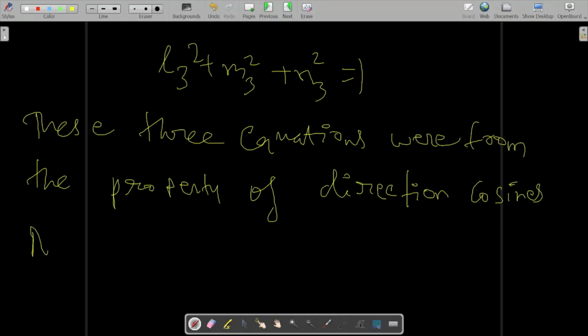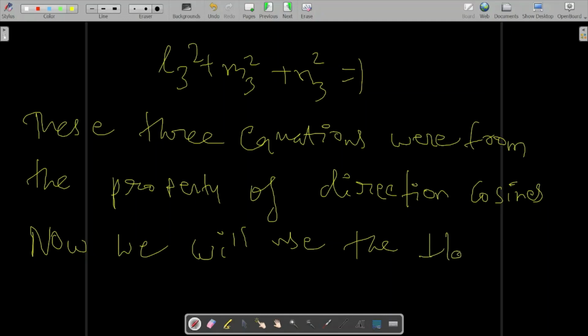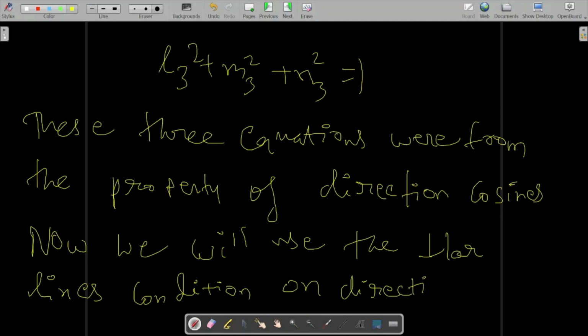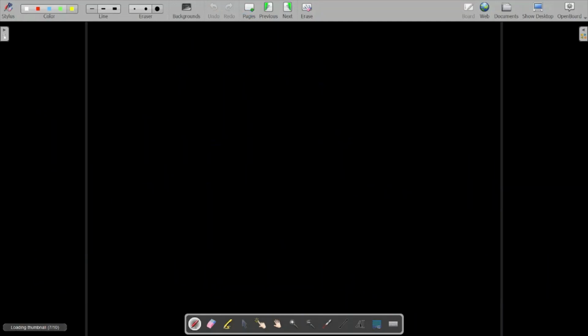Now we will use the perpendicular lines condition on direction cosines. So what is the perpendicular lines condition on direction cosines?